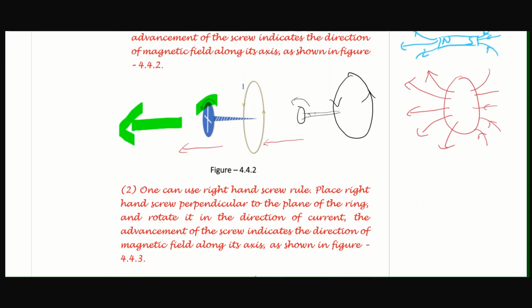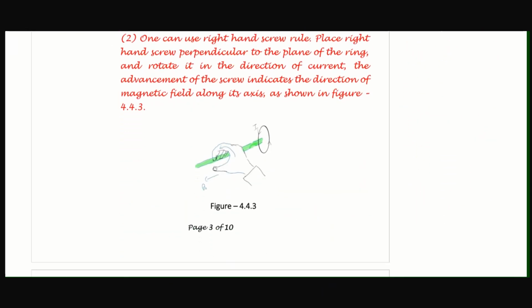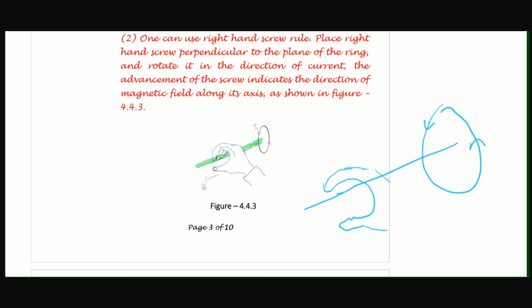The second way to determine direction of magnetic field is to hold the ring in such a way that your fingers are curling along the current, and then the thumb will indicate the direction of magnetic field along the axis.